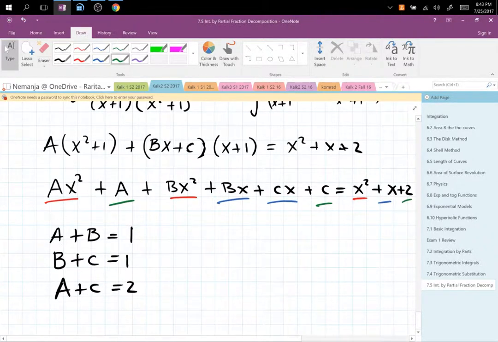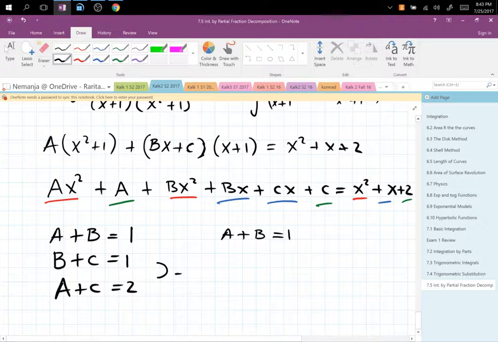So now solve this system in any way you know, right? What I'm going to do is copy the first equation, and subtract these two equations.